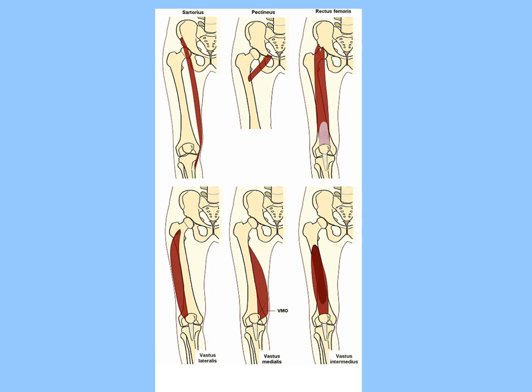On this picture, the sartorius, pectineus, rectus femoris, those are all potential hip flexors. Vastus lateralis, vastus medialis, vastus intermedius are all knee extensors only, as none of them cross the hip.